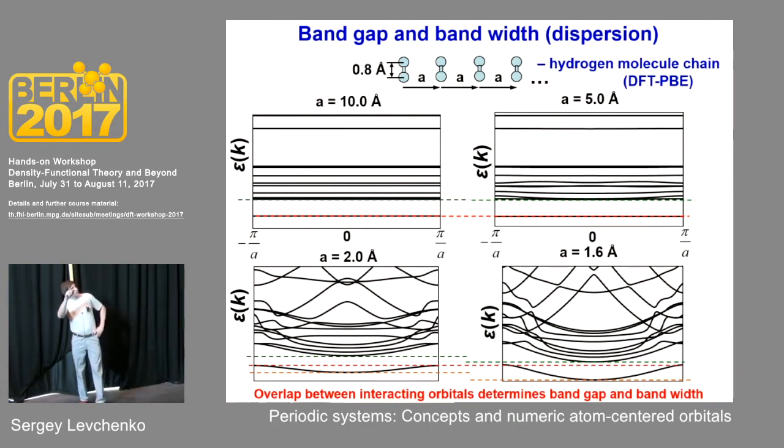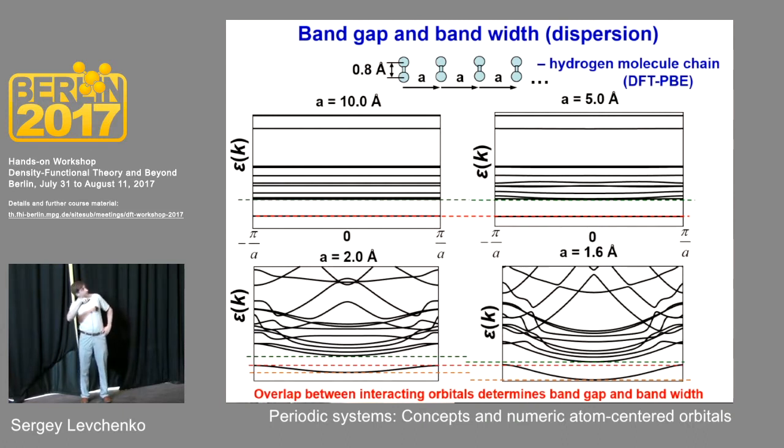Now when I continue to decrease the distance between the molecules, I start to see also dispersion in the occupied states. And there are several features of the band structure that are important, in particular the band gap, so the energy difference between the highest occupied state and the lowest unoccupied.